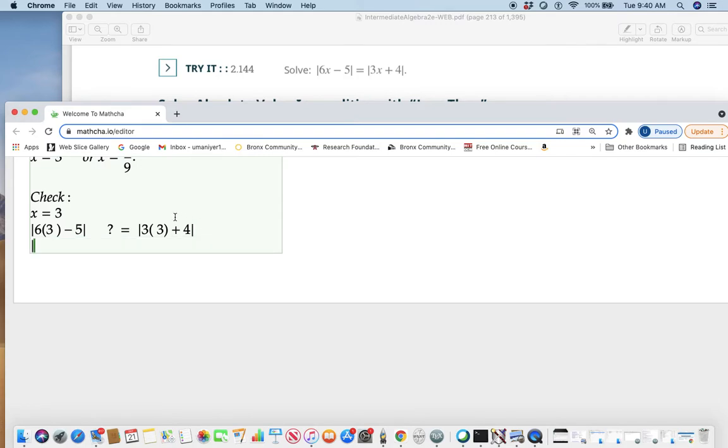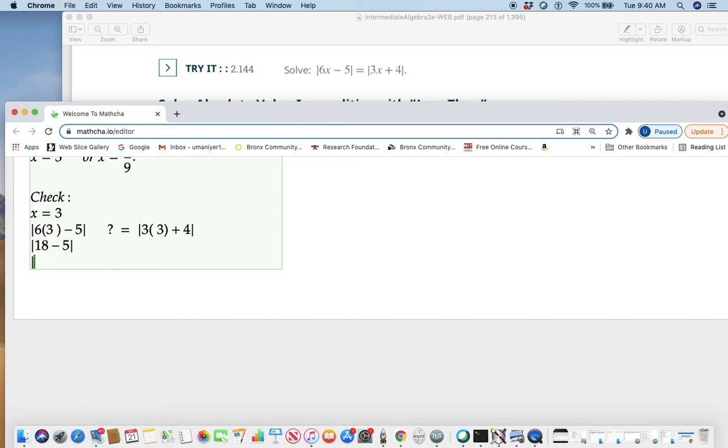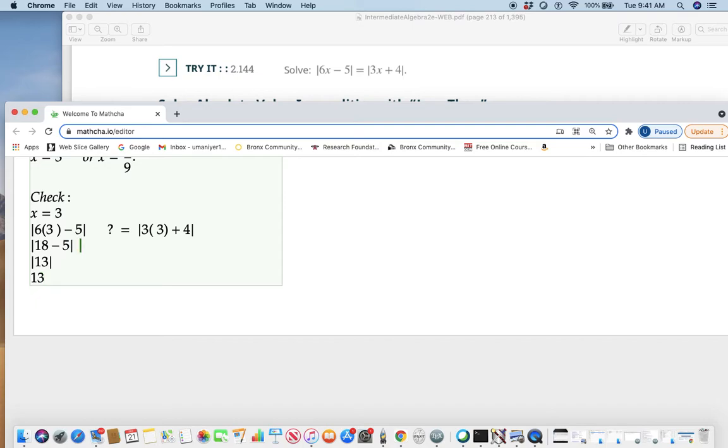Left hand side, 6 times 3, 18 minus 5. Absolute value 13, which is 13. Right hand side, let's write down that you're still checking.